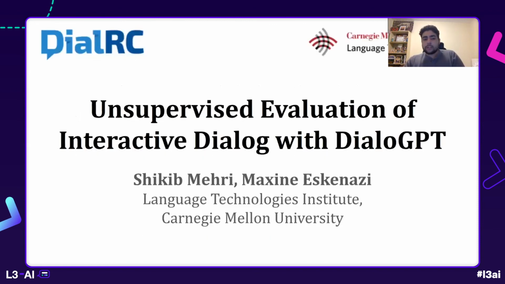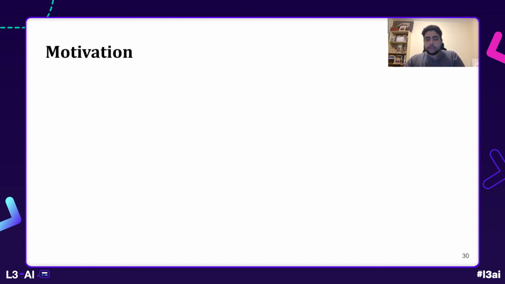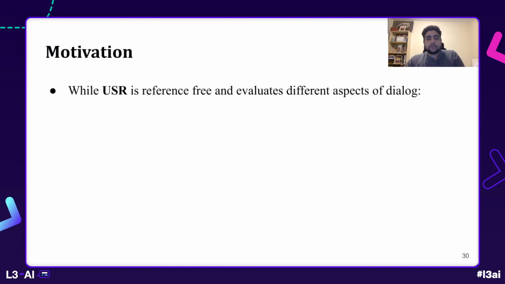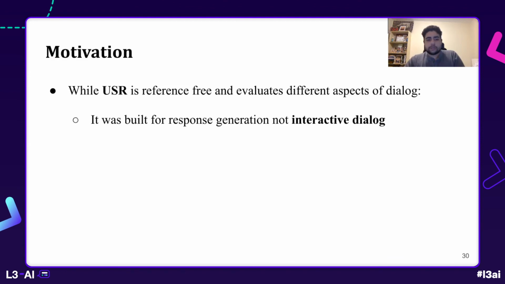So now I'm going to talk about the work that we did after USER. The motivation for this work was that even though USER works pretty well, and it accomplishes a lot of what we want in an evaluation metric, it still lacks a lot of desirable properties. First of all, USER was built for evaluating response generation on a static data set.